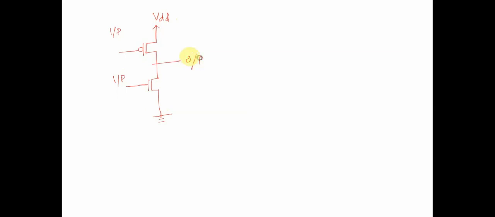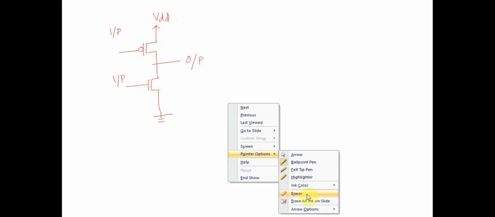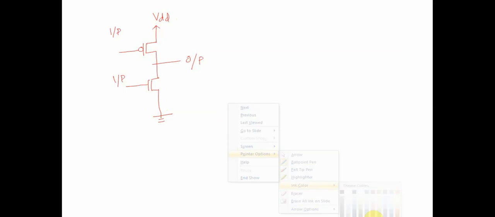I mentioned that we will always take output near the drain, and here the output is taken near the drain, because for NMOS this is source, this is gate, this is drain. Similarly for PMOS, this is source, this is gate, this is drain. Correct? So this is what a CMOS is. CMOS comprises a PMOS and an NMOS.